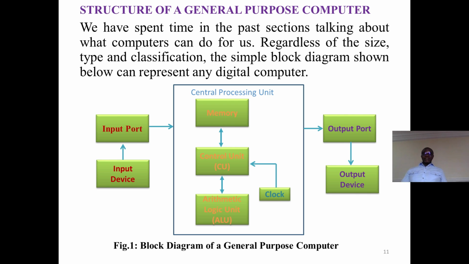At the center is the central processing unit, which accommodates the memory, the control unit, and the arithmetic logic unit, with a clock that helps to determine the speed of operation.